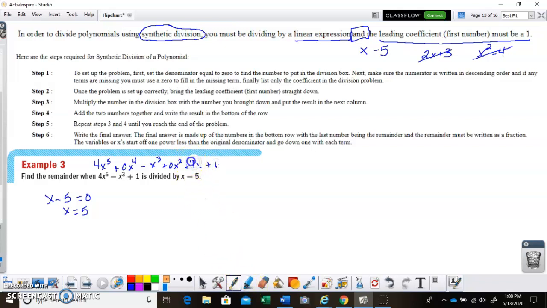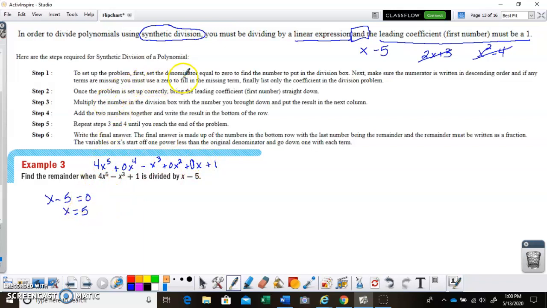This should be a 0 right here, plus 0x. We don't have a linear term in here either. So we have powers 5, 4, 3, 2, 1, 0. We have our 4, we have our minus x cubed, and we have our plus 1, and everything else is 0. So that's our numerator, and that's the number that makes our denominator equal 0.